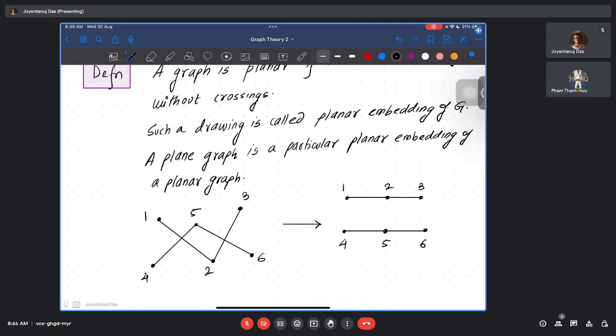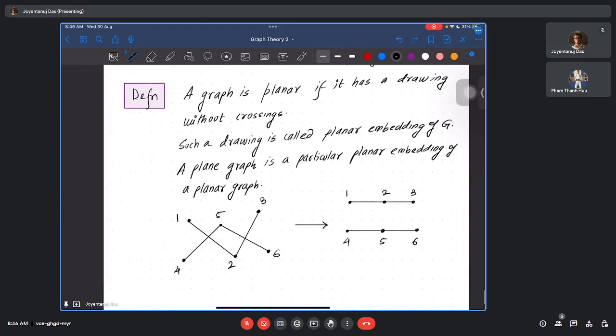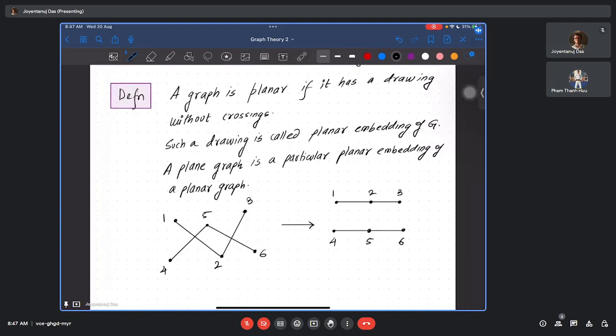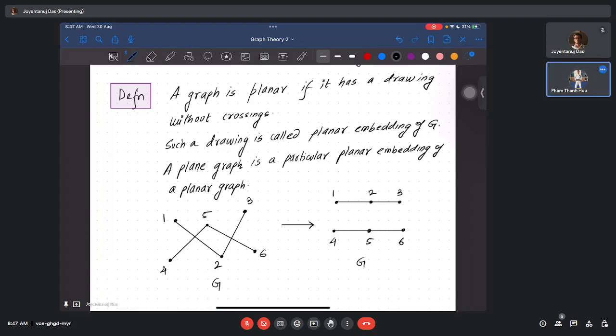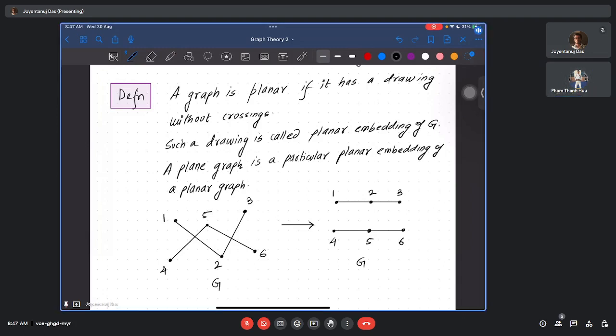The first graph has a crossing, but for the new graph we have a planar embedding of G, such that we can show that it is actually planar. The second graph is a planar embedding of G. A plane graph is a particular planar embedding of G. There can be many planar embeddings, so a plane graph is just a particular planar embedding of a planar graph.